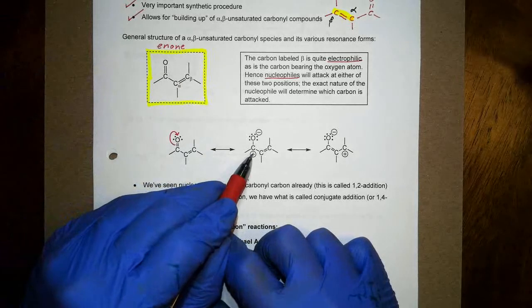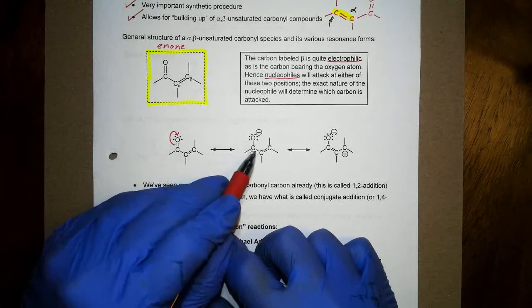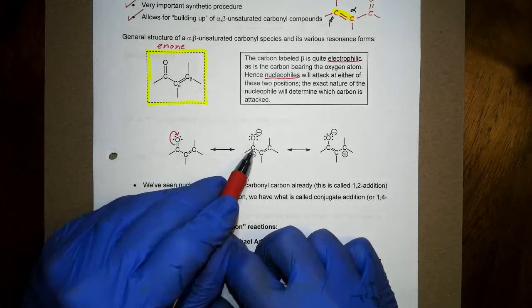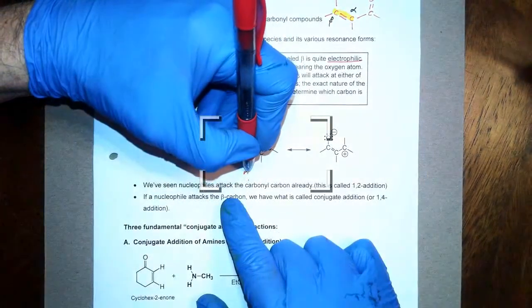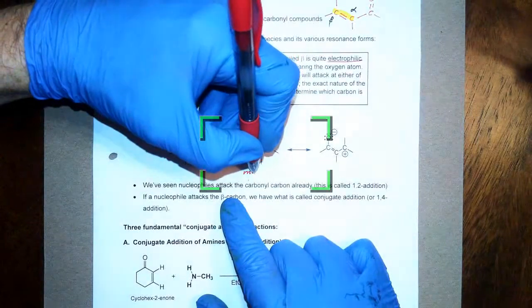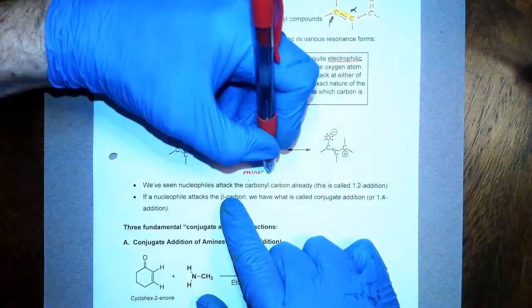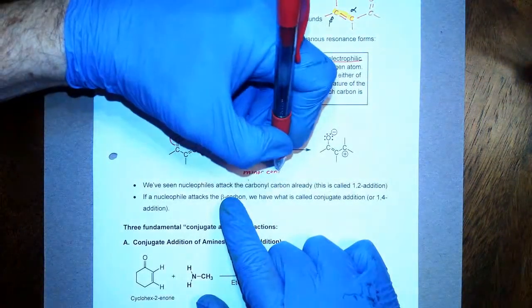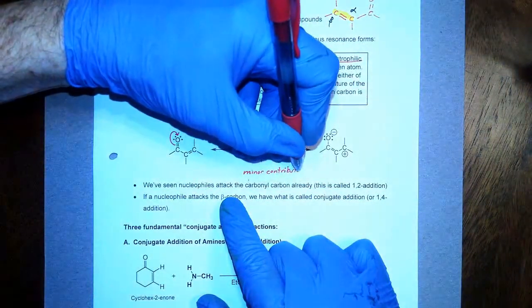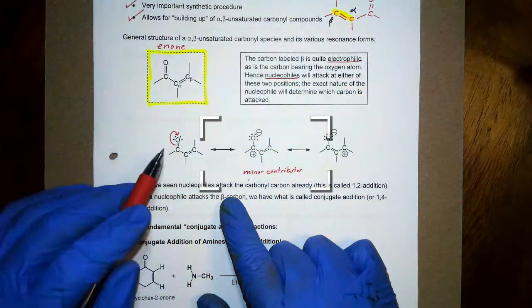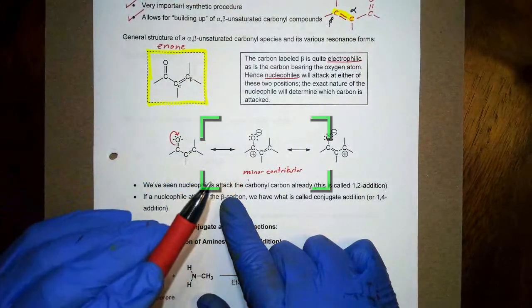Now this is not a very major resonance form because that carbon doesn't have an octet. This would be a minor contributor. But it doesn't allow you to see how a nucleophile would want to go here because it's a plus charge.